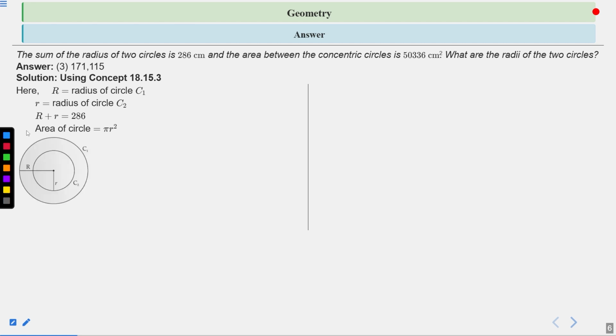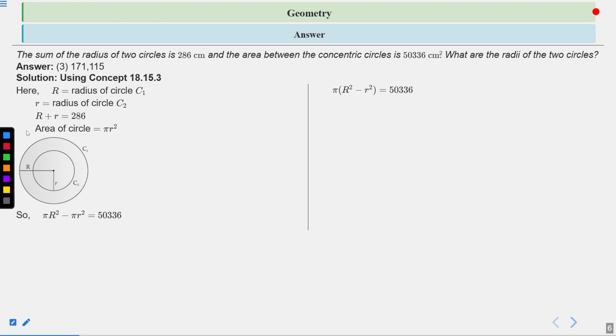This will be the diagram of the two concentric circles. It is given that the area between the concentric circles is 50,336 centimeter square, so it will become pi R square minus pi r square equals 50,336 centimeter square.